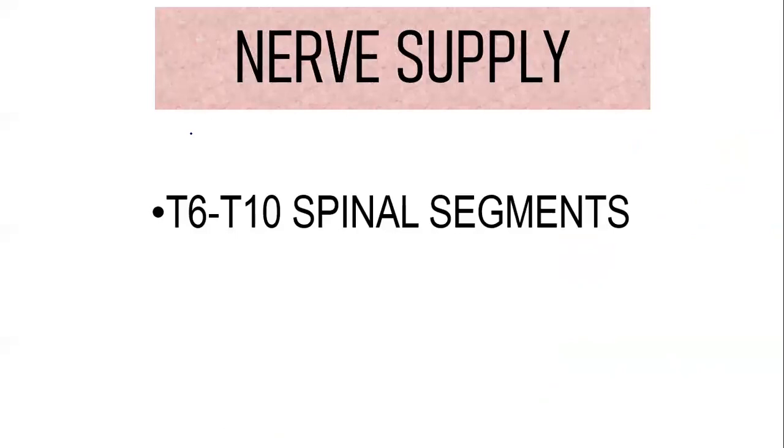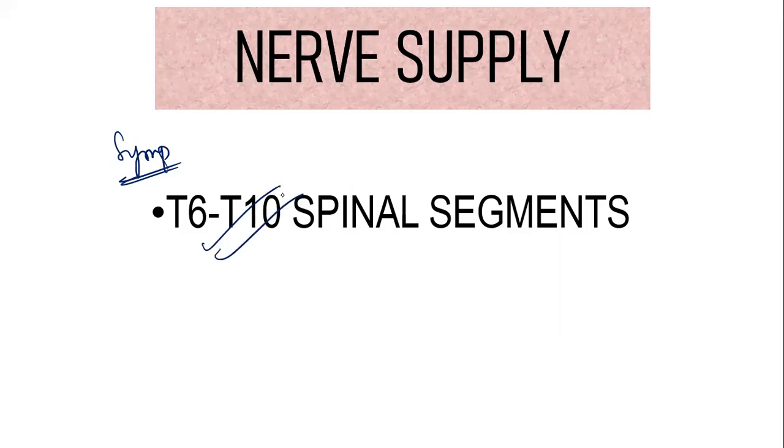Now the nerve supply is very simple. Like how we have to include the arterial supply and venous drainage for blood supply, you have to include both sympathetic and parasympathetic for nerve supply. The sympathetic is derived from T6 to T10 spinal segments.